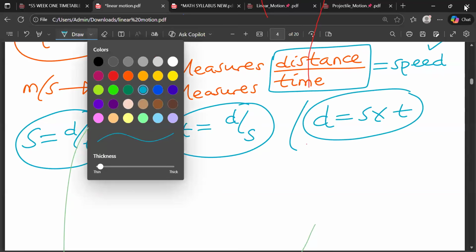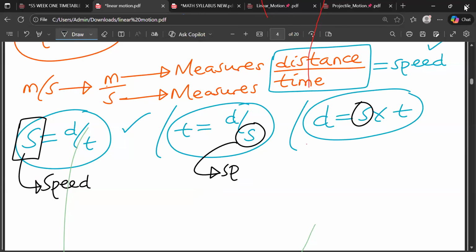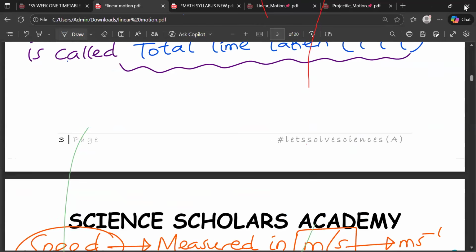But you should be sensitive about this S, because S means something else. The S we are talking about here simply means speed. So it's better you maintain speed, put speed.